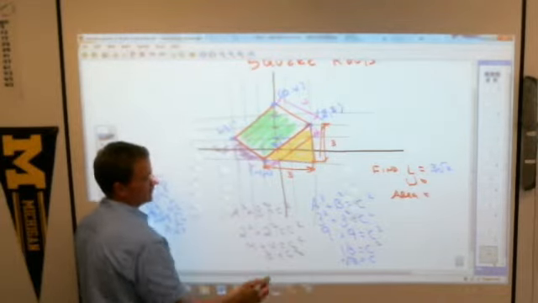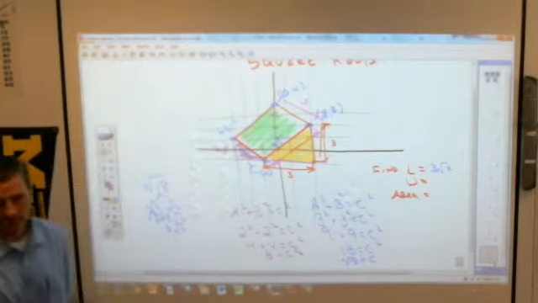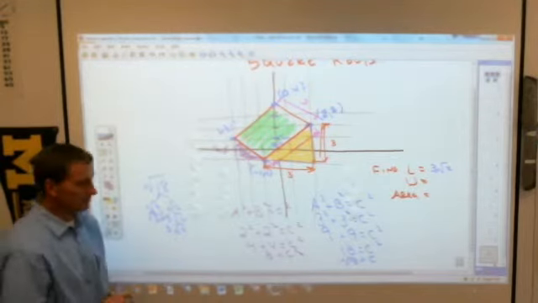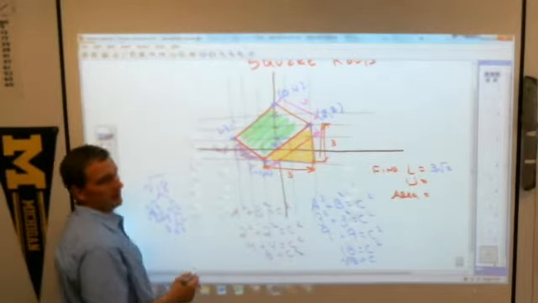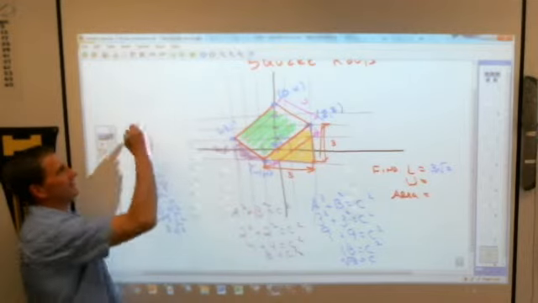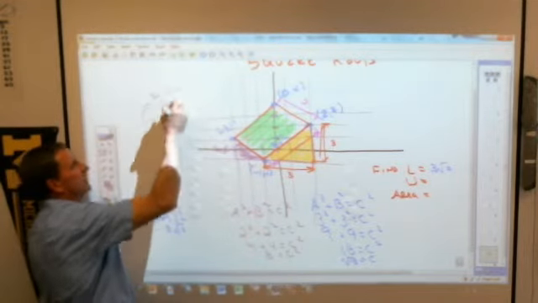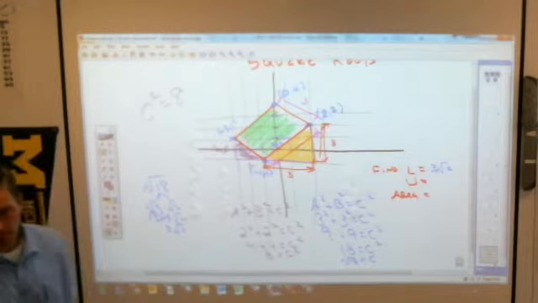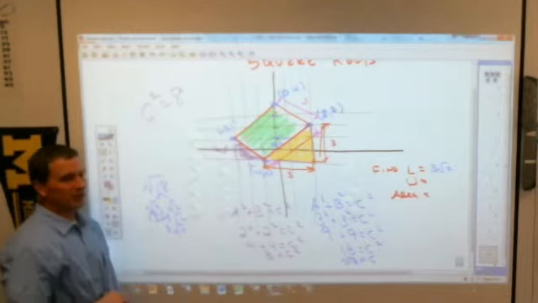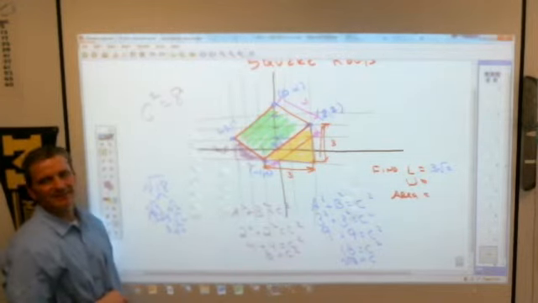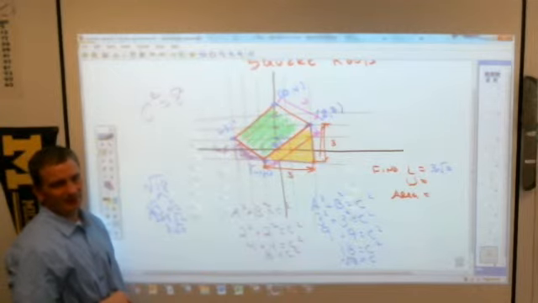Somebody besides Olivia, if I have c squared equal to 8, what does c equal, Chase? 64. No, that's 8 squared. I have c squared equals 8. What does c equal? Zach.